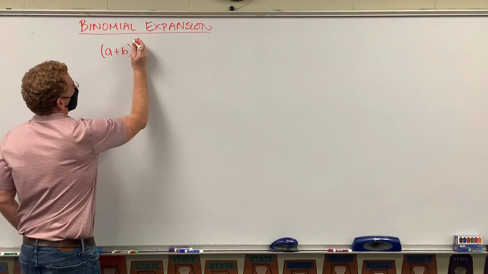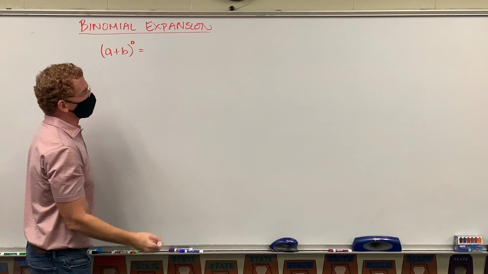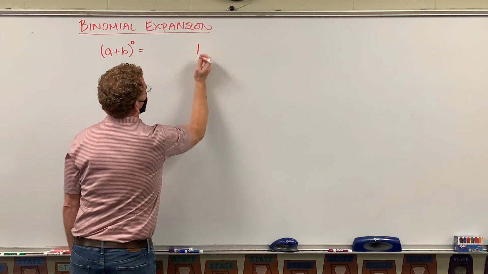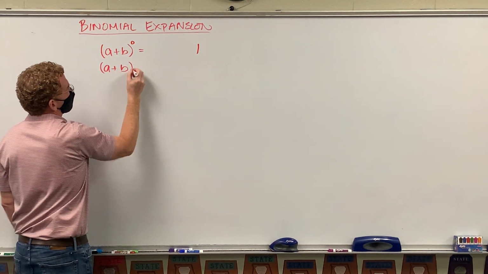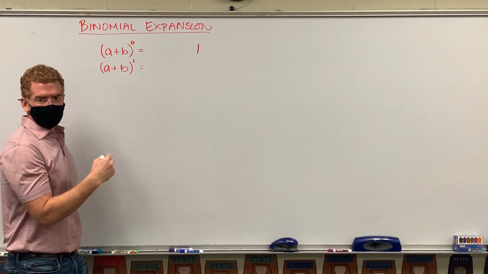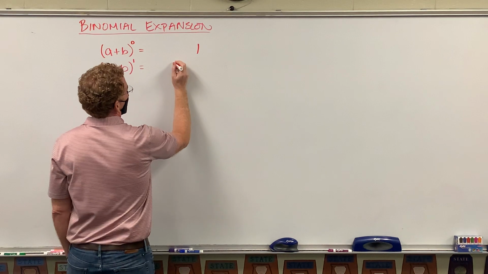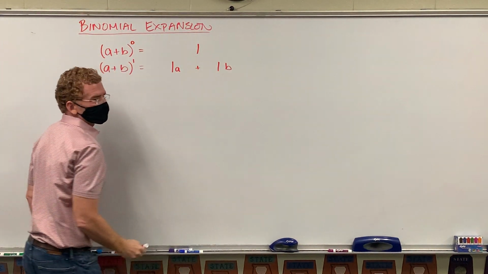Now, we all know that if I raise something to the 0 power, what do I get? 1. I can just write 1 right here. We know that if I raise something to the first power, I get just a plus b. And I'm going to write 1a plus 1b.